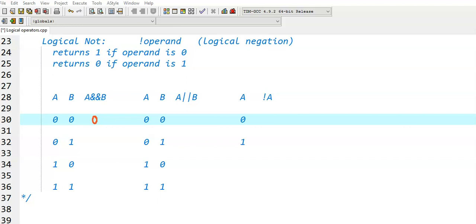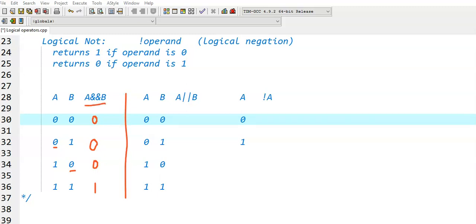In the second case, one of the operands is 0. Here A is 0, so it gives false value, that is 0. Here also, 1 and 0, B value is 0, so it gives false value, that is 0. Here both operands are 1, so both operands are true. That means here it gives true value. So this is the scenario of logical AND.